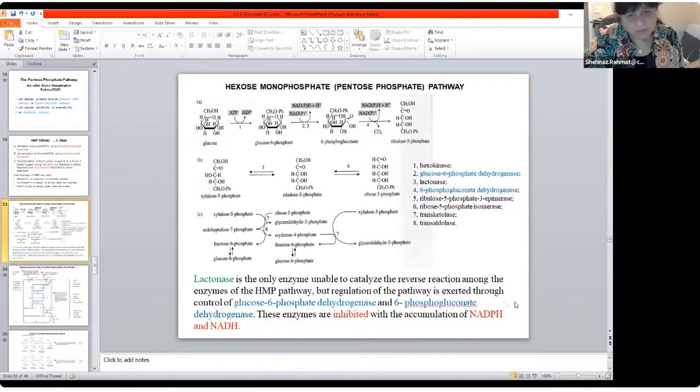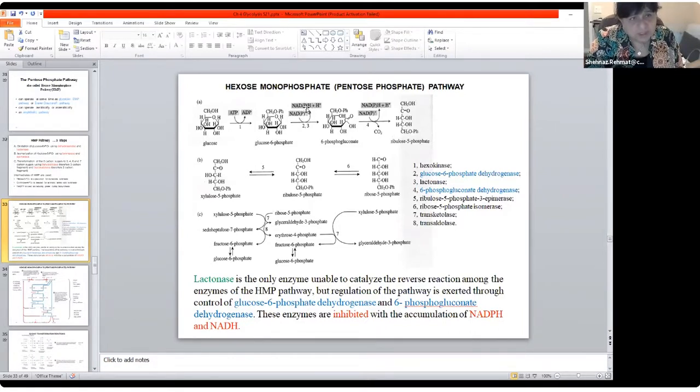But anyway, just remember that lactonase is the only enzyme, but this is not the enzyme that controls the pathway. The regulation of the pathway is exerted through glucose 6-phosphate dehydrogenase and phosphogluconate dehydrogenase. So the two dehydrogenases, that is your enzyme number 2 and enzyme number 4, which I've highlighted here, these are the controlling enzymes for the pathway. This pathway is inhibited when too much NADPH is accumulated.